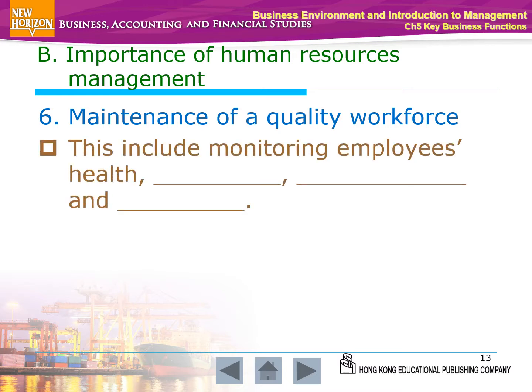So what maintenance requires is to monitor employees' health, morale, absenteeism, and turnover. That means if employees are always sick, they cannot come to the business and do their job well.